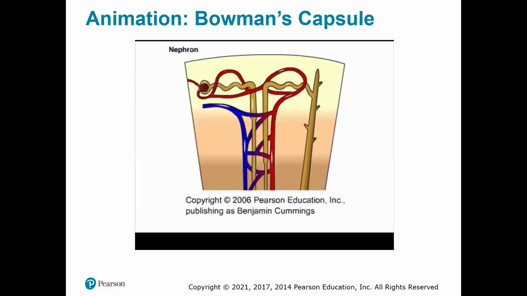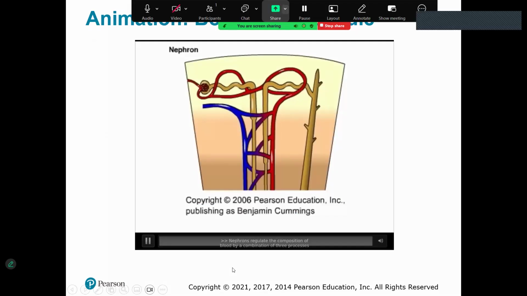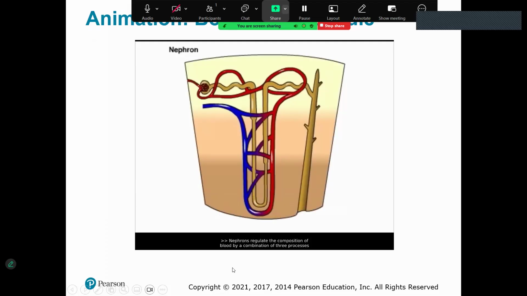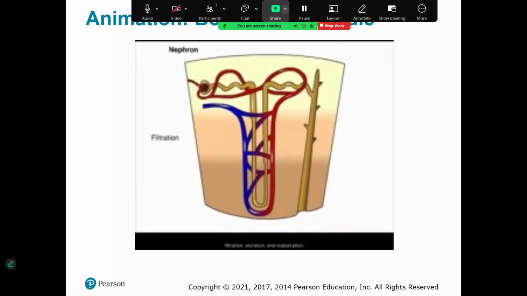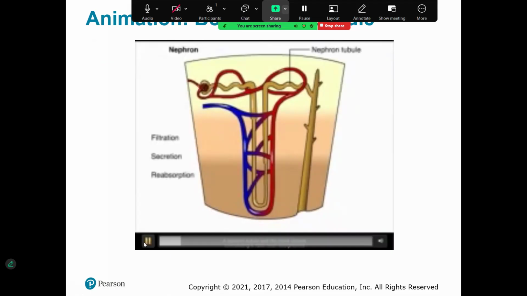Nephrons regulate the composition of blood by a combination of three processes that transfer materials between the nephron tubules and the capillaries that serve them: filtration, secretion, and reabsorption. Okay, we already saw filtration. Let's get to reabsorption and secretion.